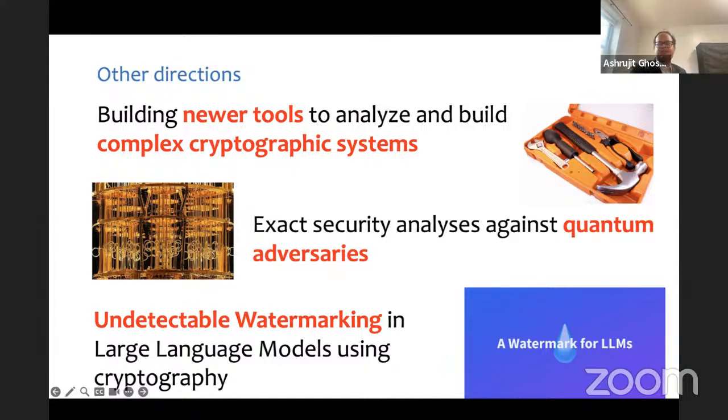Some very recent work over the last year has looked into undetectable watermarking for LLM generated text using cryptography. And while they have proposed very nice theoretical solutions, there are inherent limitations for it to be practical. I want to explore this direction of research to see whether watermarking in LLMs using cryptography could be made efficient or if it's not possible.